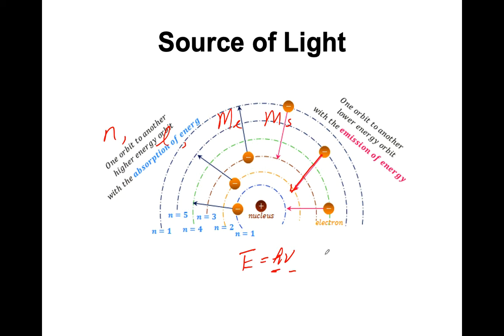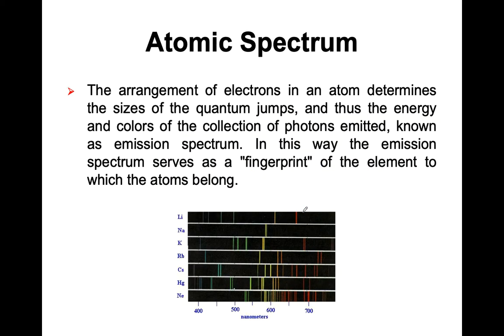From this equation, you can tell which color of light an atom or molecule can emit depends on the orbitals in which electron transitions take place. In other words, the arrangement of electrons in an atom determines the size of the quantum jumps, and thus the energy and the colors of the collection of photons emitted, known as the emission spectra.